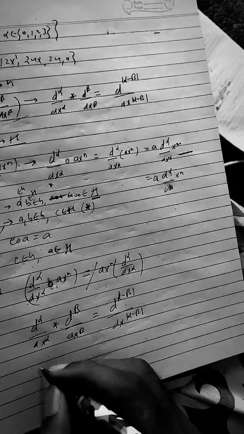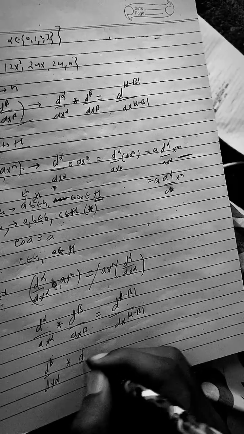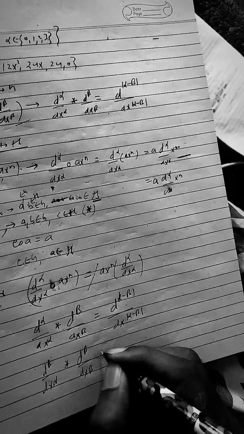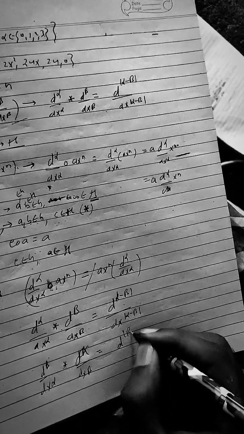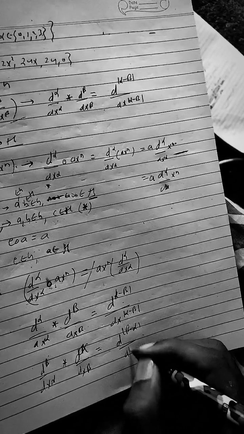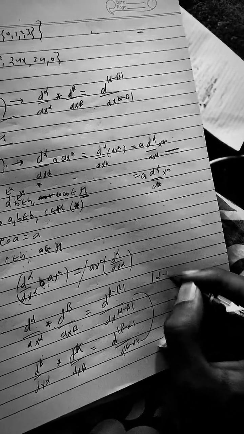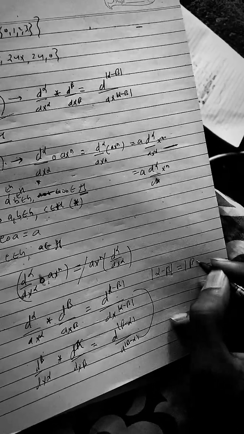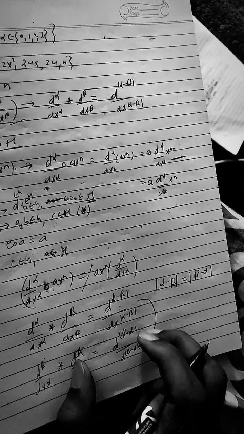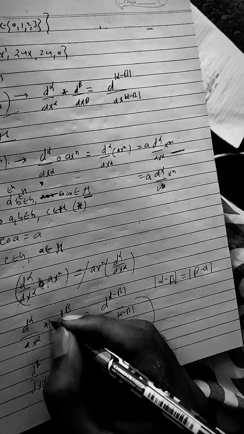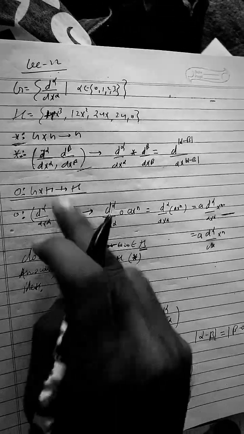Then we get d^β/dx^β operated with d^α/dx^α, and then we get d^|β−α|/dx^|β−α|. Are they equal? Well, they are, because the absolute value of α minus β is equal to the absolute value of β minus α. So it is commutative, right? So it is commutative with respect to this structure, right? So it is also commutative.